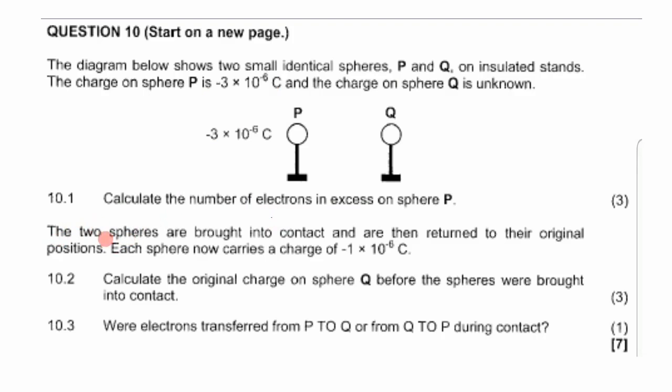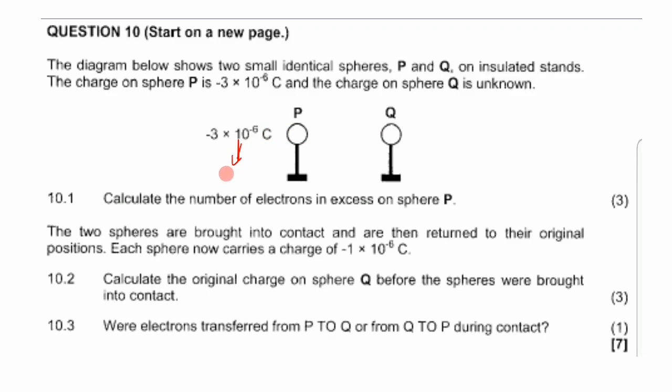Now they say the two spheres are brought into contact and are then returned to their original positions. Each sphere now carries a charge of -1 times 10 to the exponent of -6 coulombs. Now we understand that when the two spheres are brought together, they will share the electrons amongst themselves, and then they will have the same magnitude of charge after they're separated.